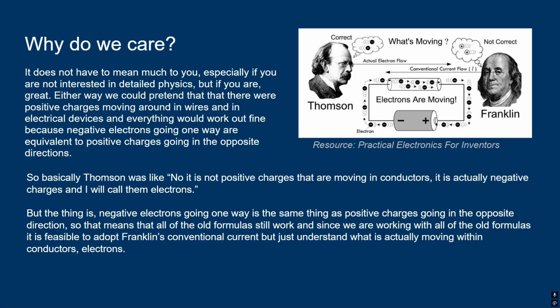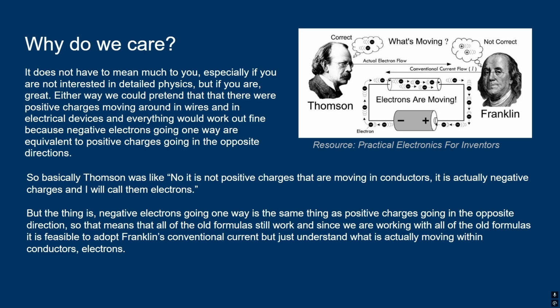Either way, we could pretend ostensibly that there were positive charges moving around the wires and in electrical devices, and everything would work out fine, because negative electrons going one way are equivalent to positive charges going in the opposite direction. So basically, Thomson was like, no, it's not positive charges that are moving in conductors.